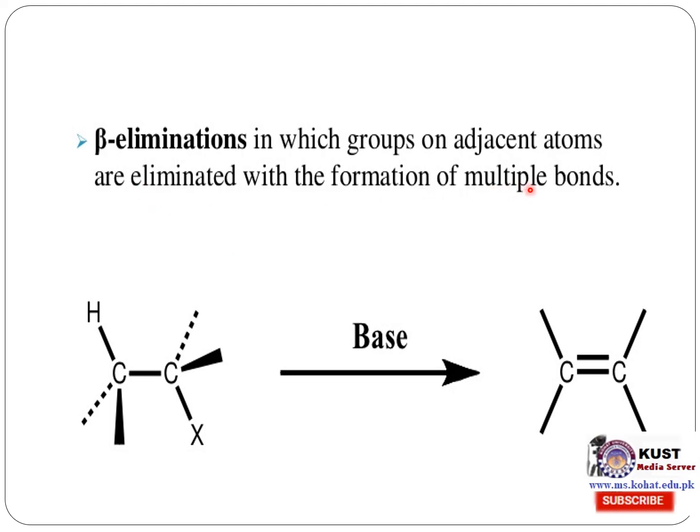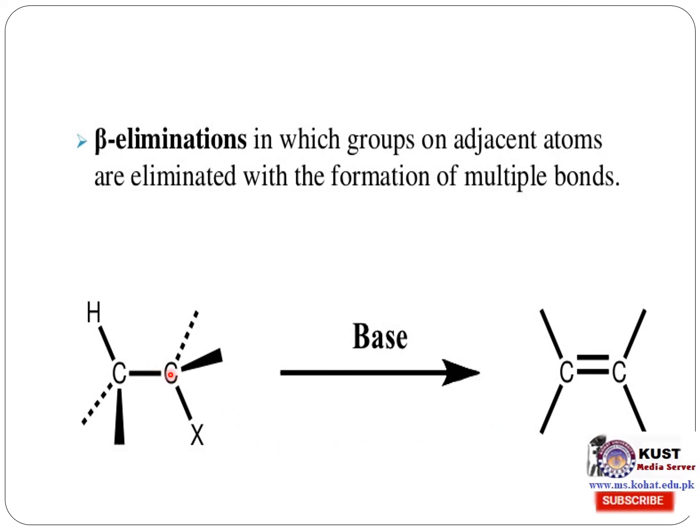Beta eliminations are the reactions in which the groups on adjacent atoms are eliminated with the formation of multiple bonds. Look into the example. This is an alkyl halide, and from this a hydrogen halide has been removed in the presence of a base.